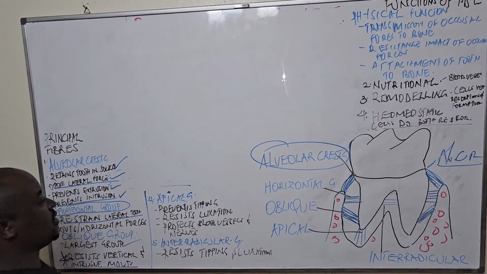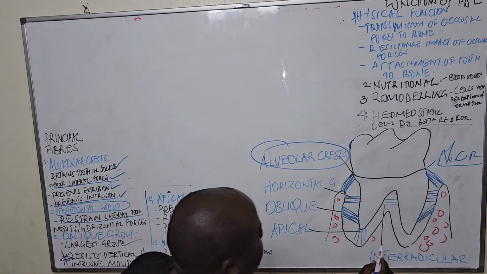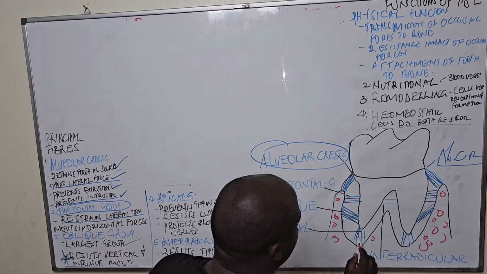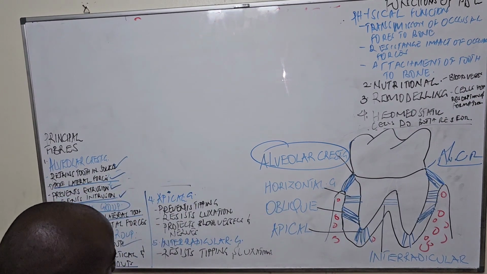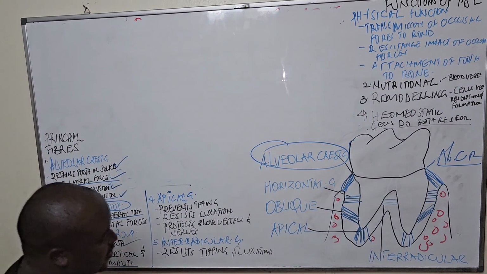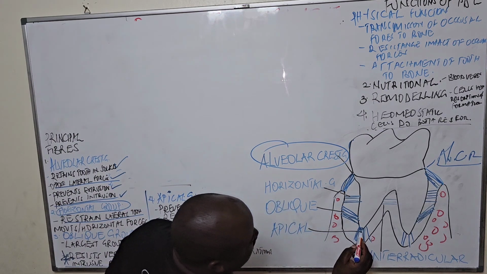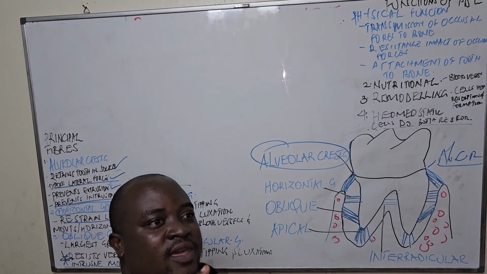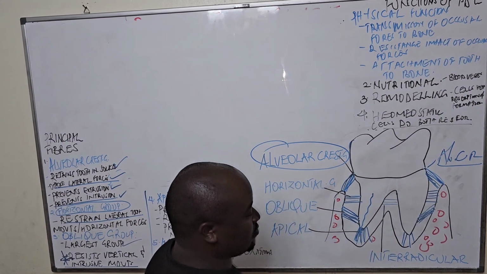We have another type called apical. Apical, found at the apex. Here, the apical group. When you look at them, here is where we could have the apical foramen, the hole where a blood vessel moves out.